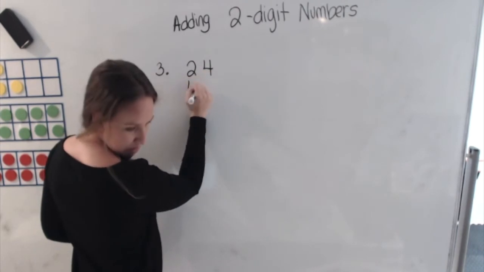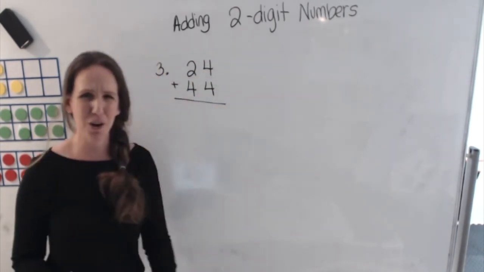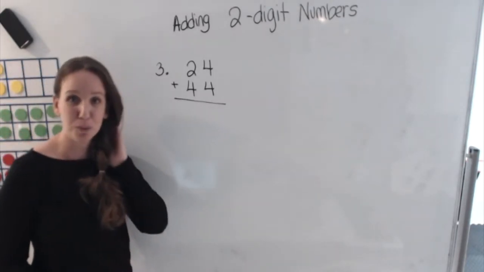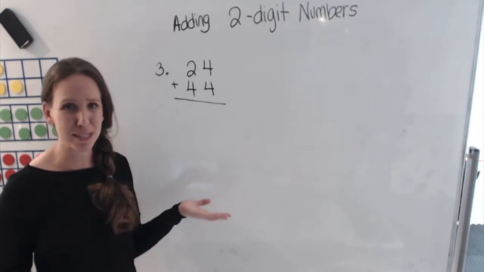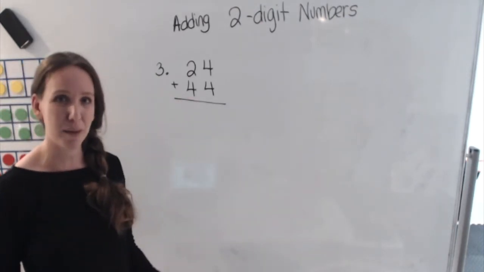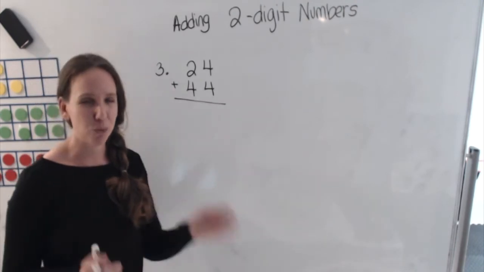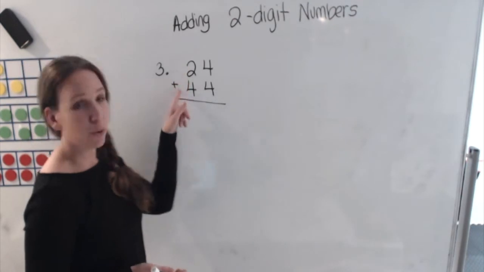24 and 44. And we're adding those two. What do we notice here that's different than the other 2 problems that we did? That's right, it's already lined up for us. But if you notice, the 44 is on the bottom, not on the top. Now the truth is when you're adding, that doesn't really matter. You can do any order.